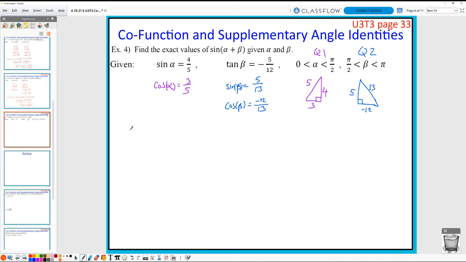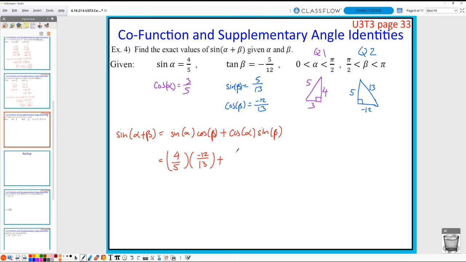So when I solve, sine of alpha plus beta, that's equal to sine of alpha cosine of beta. Sine is going to match cosine of alpha, sine of beta. Okay, so sine of alpha is 4/5. Cosine beta is negative 12 over 13.